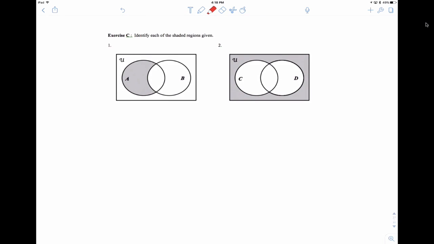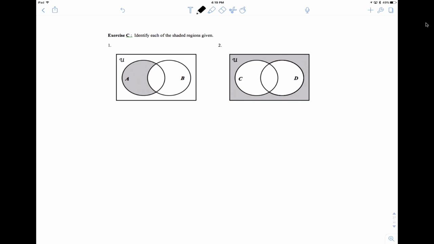Identify each of the shaded regions, but not B. So it's all of A. Right, for this one, the first thing you gotta see here is that we're dealing with an intersection.